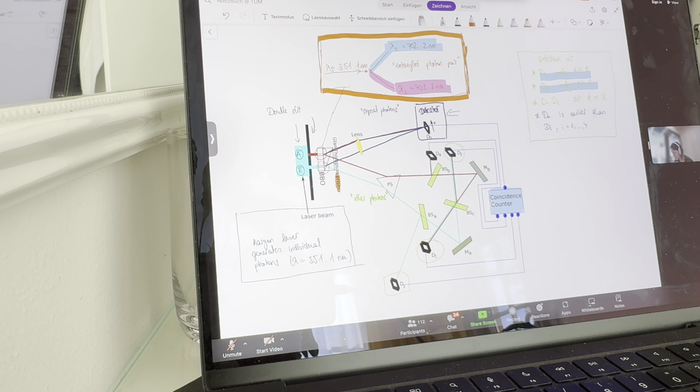And that means that although the detector D0 has already detected everything, the information about whether we can extract the path or not is obtained after D0 has detected anything.